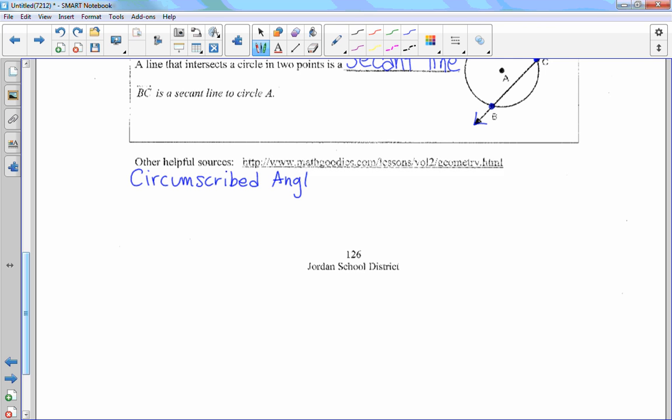Angle. Okay, a circumscribed angle is an angle whose rays are tangent to the circle.